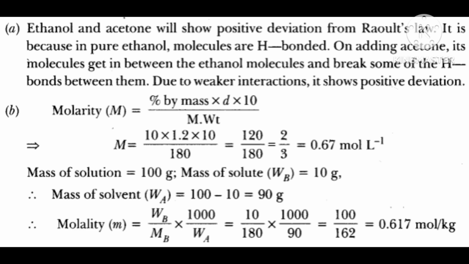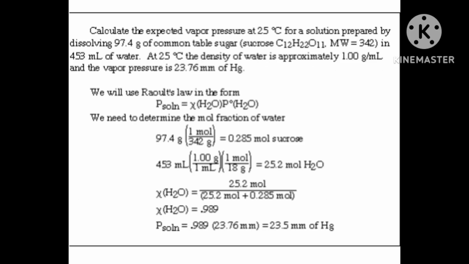Here you have to put the values, because the vapor pressure values are already given in the question, 200 mm and 415 mm Hg respectively. The standard values for the pure components are given.